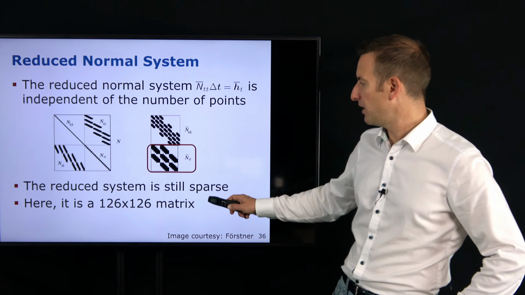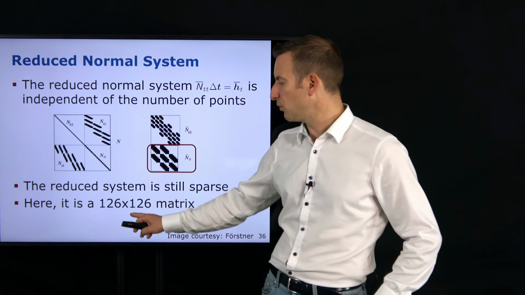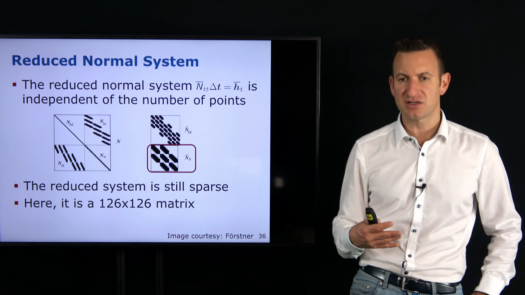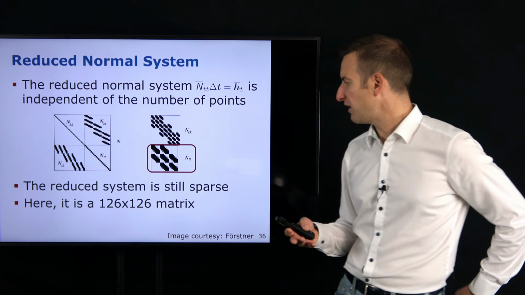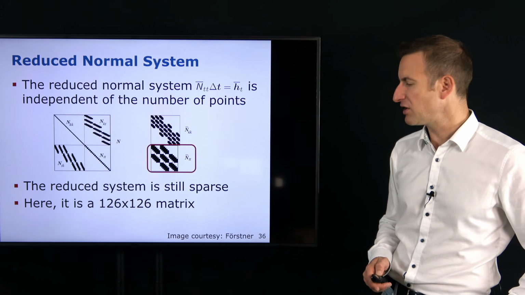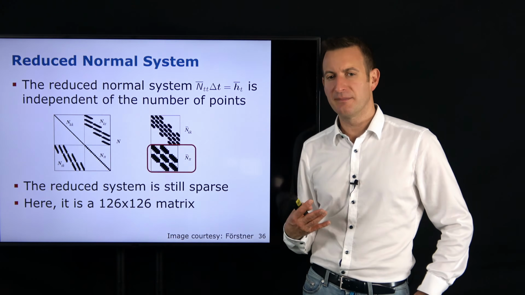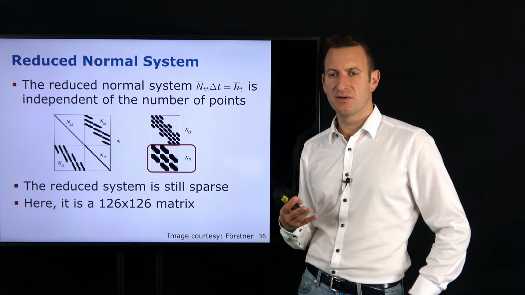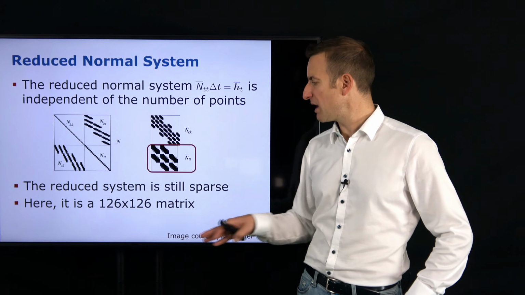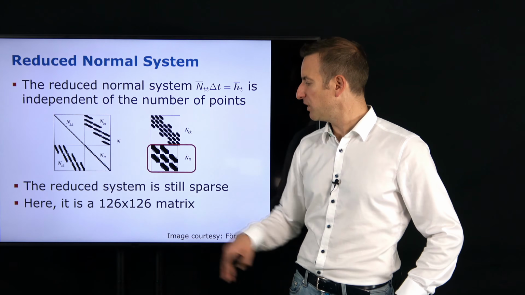But this reduced system here, the matrix, is still sparse. And in our case, it's a 126 by 126 dimensional matrix, because these are the involved parameters that we have in here, the orientation parameters. So the number of unknowns that we have from our 21 images, 21 images with 6 parameters, 21 times 6 gives me 126.